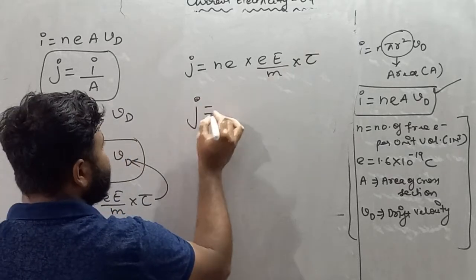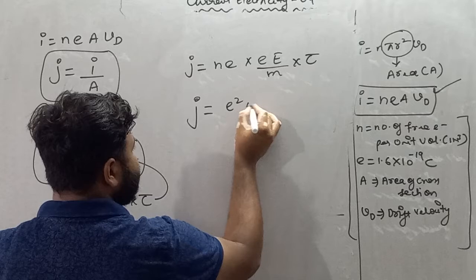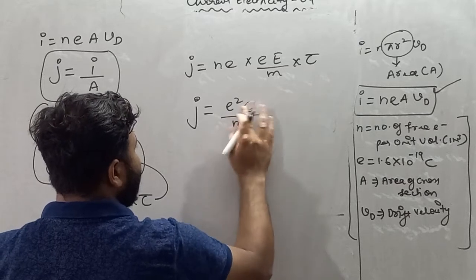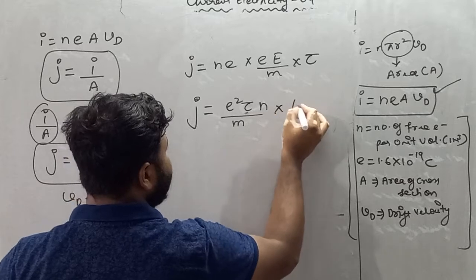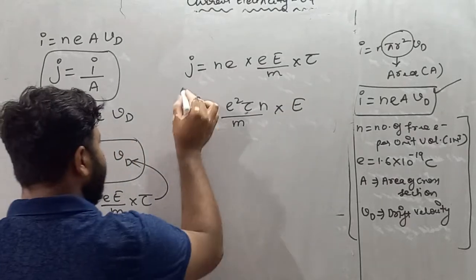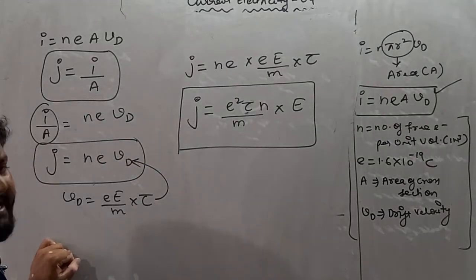So J becomes equal to e into e, it is e square. E is electric field, m is mass, tau is relaxation time. Now see, my dear student, J is equal to e square tau n by m into E.